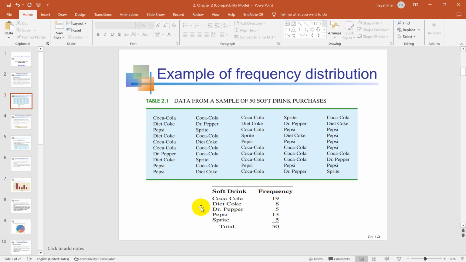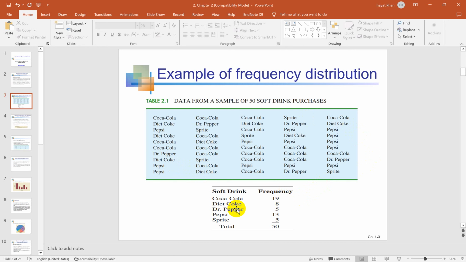For example, the first string is here, that is Coca-Cola. You can count Coca-Cola here: 1, 2, 3, 4, and so on. So Coca-Cola appears 19 times. So the frequency for Coca-Cola is 19.